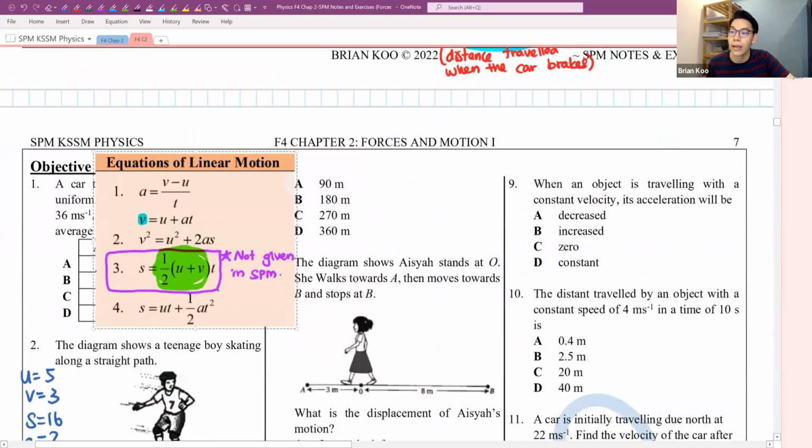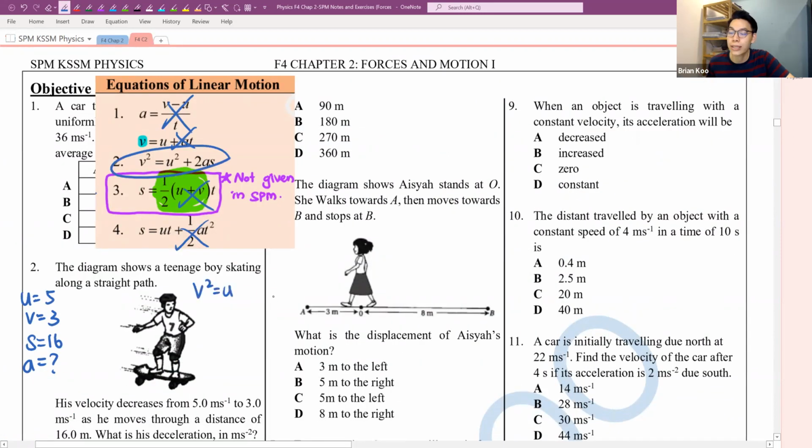V squared equals U squared plus 2AS. So V is 3, U is 5, S is 16. 3 squared is 9, 5 squared is 25, 2 times A times 16. I can do 2 times 16 first, 32. So 9 minus 25 first, negative 16.